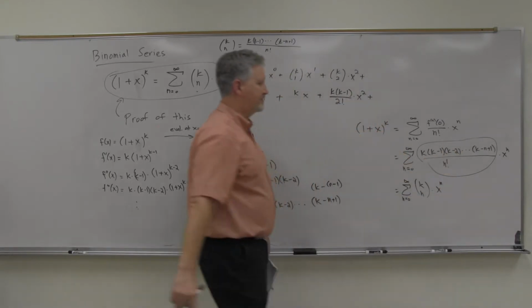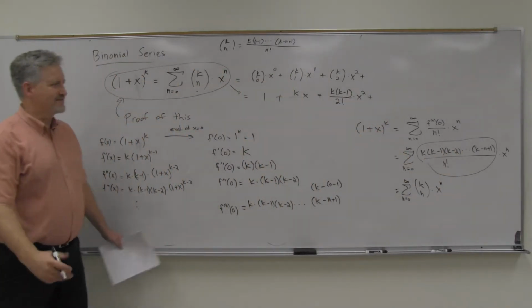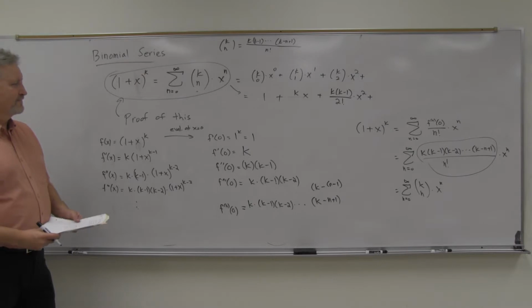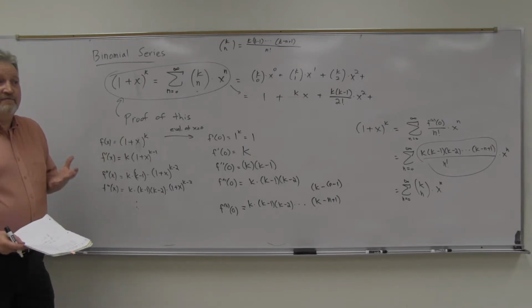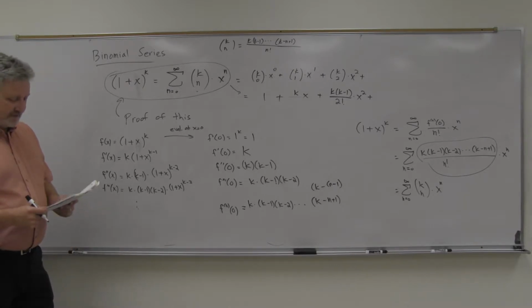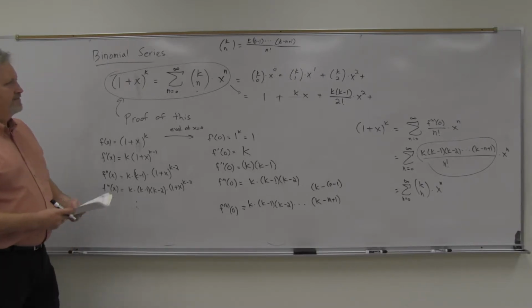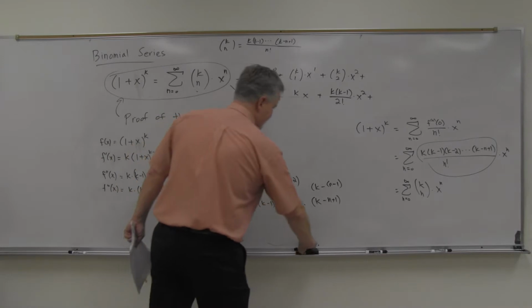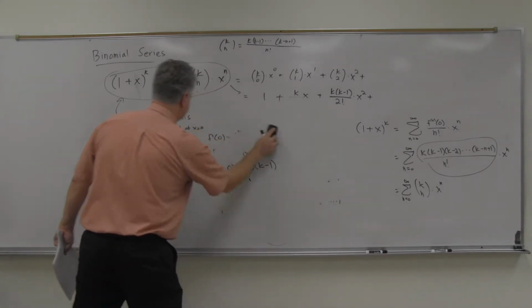So you can see why they probably like to write it that way, because it's a lot easier to write out. It comes from this Maclaurin series formula. All right, but let's see how it works, see how all of it works.